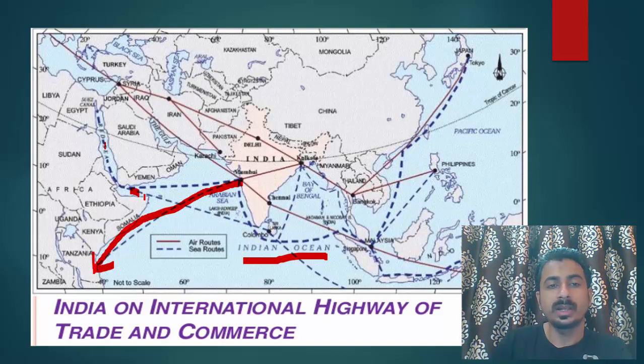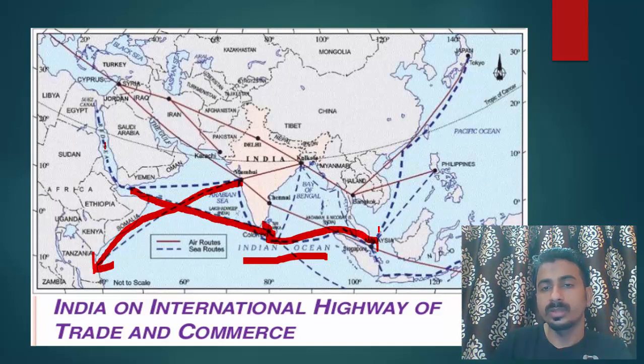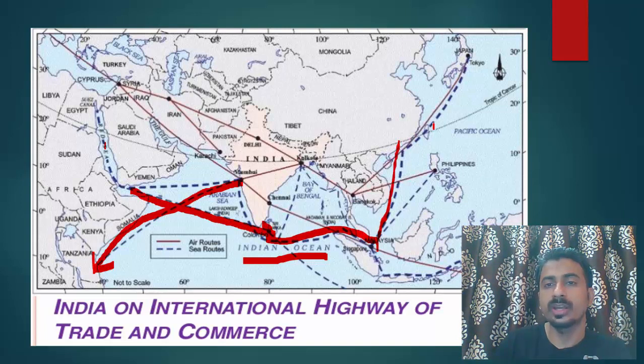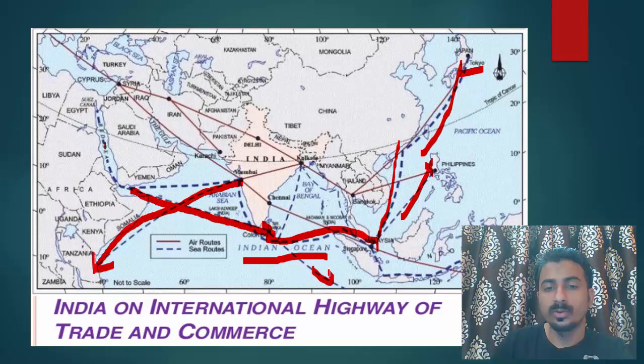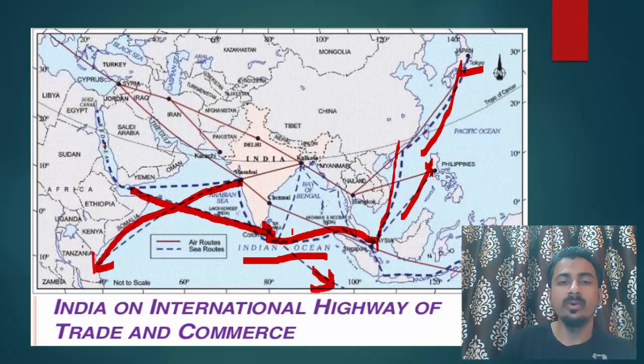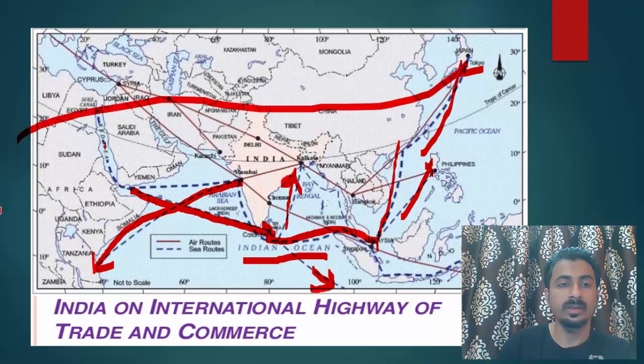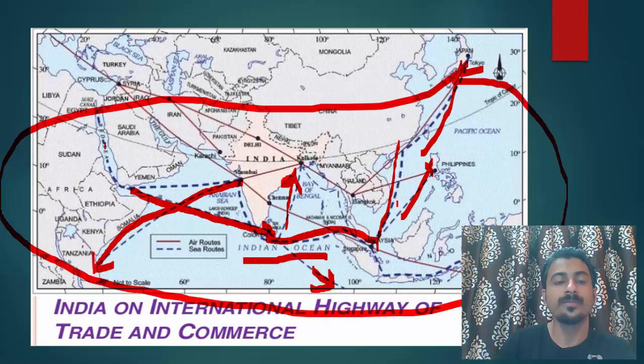Then this trade is coming to Sri Lanka, then going to Southeast Asia, then to China, Japan, Philippines. Now this is going down to Australia. So you can see how important the Indian Ocean is for trade in this area. So you can see the importance of the Indian Ocean.